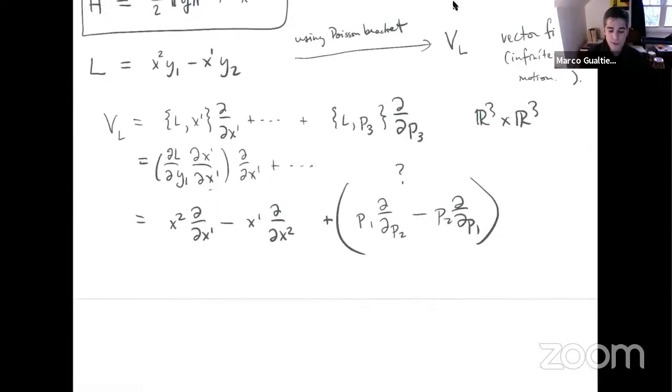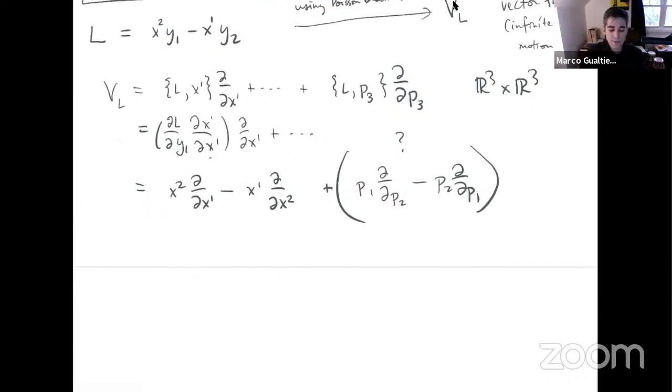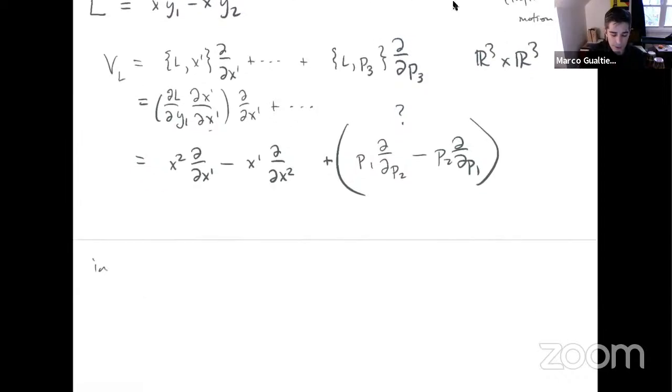So what is this saying? If we think of it inside three-dimensional space, you might recognize vector fields like this. Actually in R2, this is a two-dimensional vector field, right? It only involves x1 and x2.